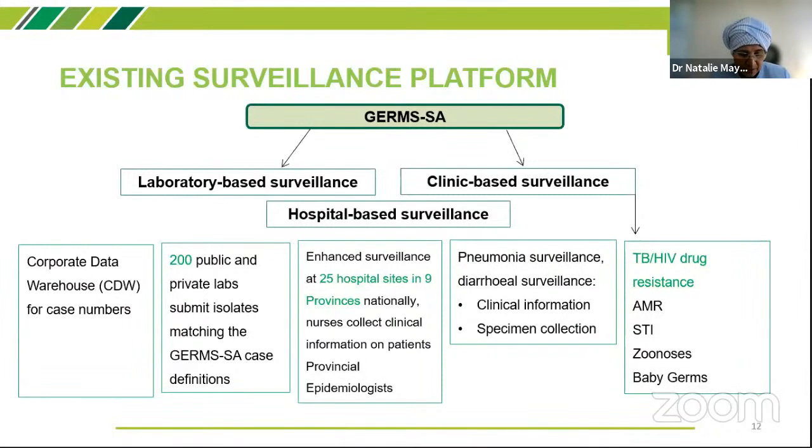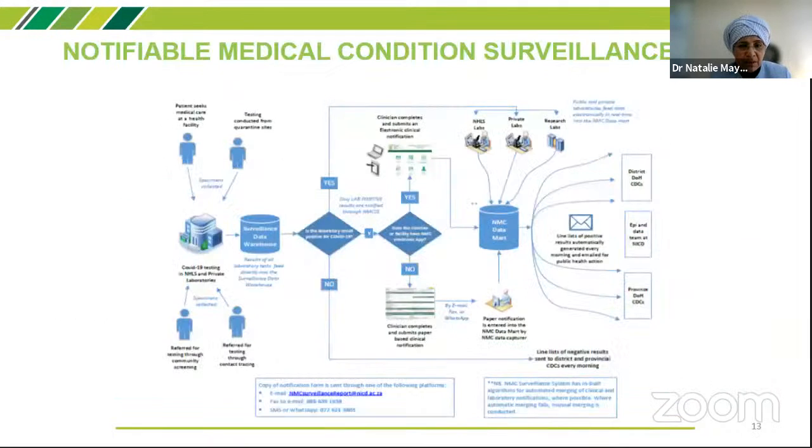Go to the next slide, please. I want to discuss the Notifiable Medical Condition Surveillance System. This is a tool with 55 medical conditions, largely relating to communicable disease, but there are also some non-communicable diseases, like, for example, organophosphate poisoning and mercury poisoning, that are included.